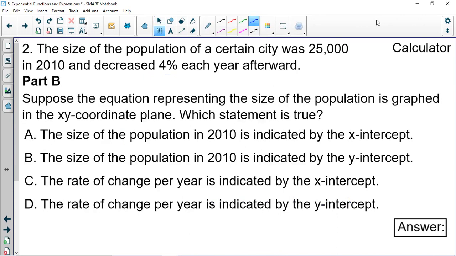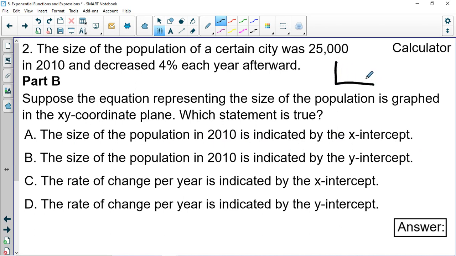Number 2, part B. Suppose the equation representing the size of the population is graphed in the xy coordinate plane. Which statement is true? Let's take these statements one by one. A says the size of the population in 2010 is indicated by the x-intercept. Well, I guess we could graph this and try and figure it out, but let's just think about it.